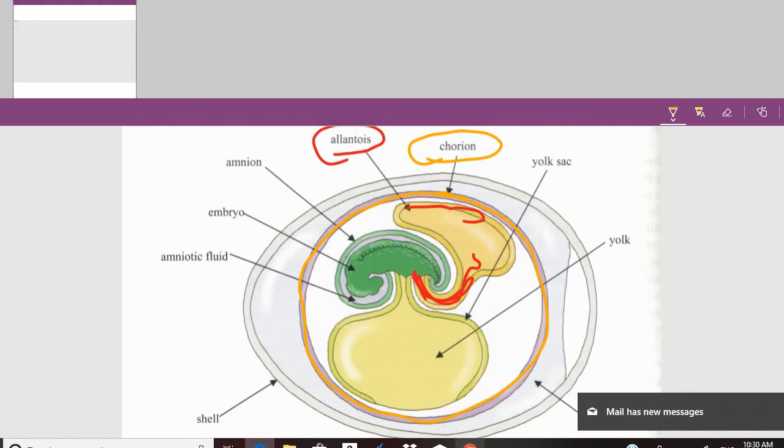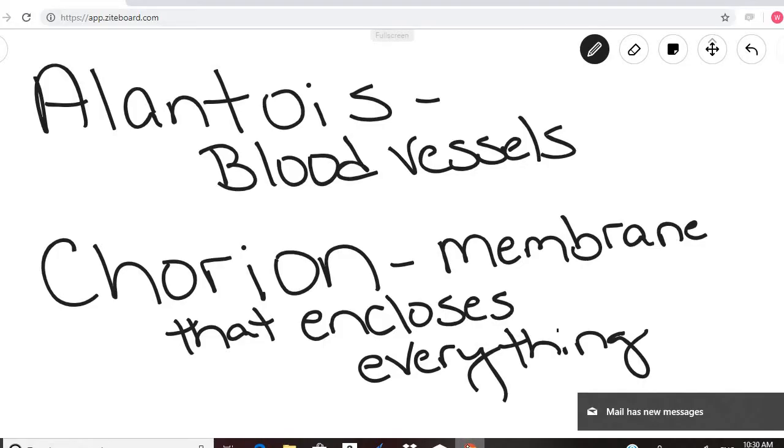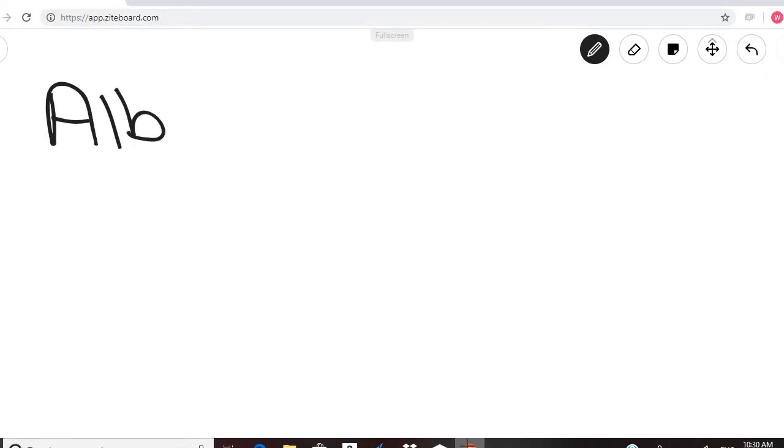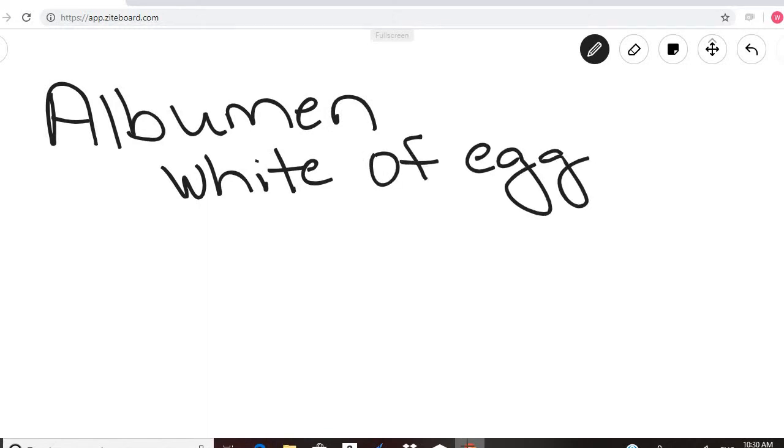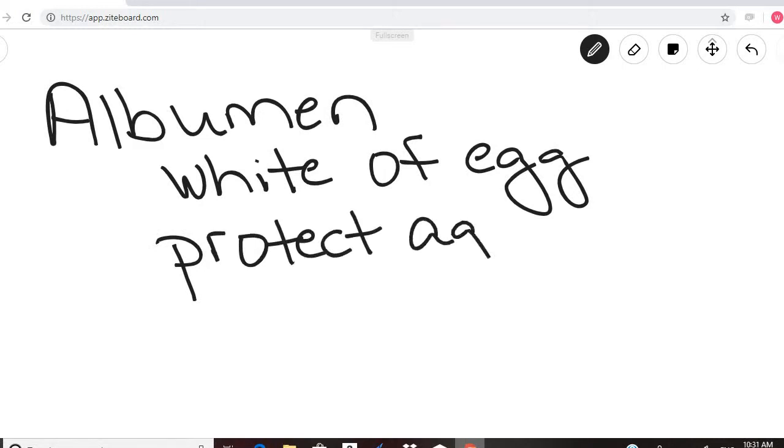One other thing that I will mention in the egg is the albumin. The albumin is the white part of the egg, the white of the egg. It contains chemicals that protect against bacteria and other pathogens.